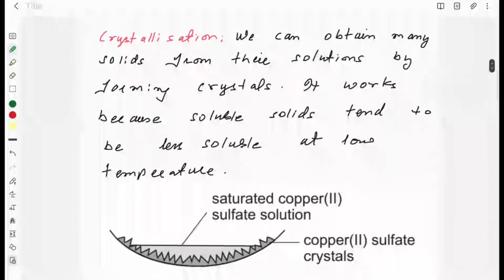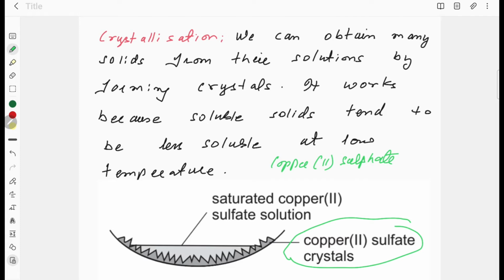Crystallization. Some solids exist as crystals. For example, copper(II) sulfate exists in the form of blue crystals. If I take a solution of copper(II) sulfate, which is also blue in color, and I heat it till I get a saturated solution, then on cooling I get crystals of copper(II) sulfate.